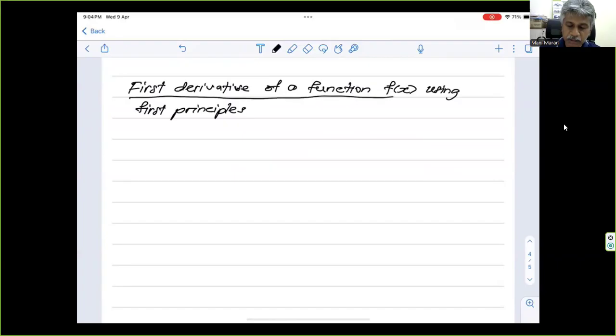So this is another subtopic under the first section that deals with the first derivative, but this is from first principle.